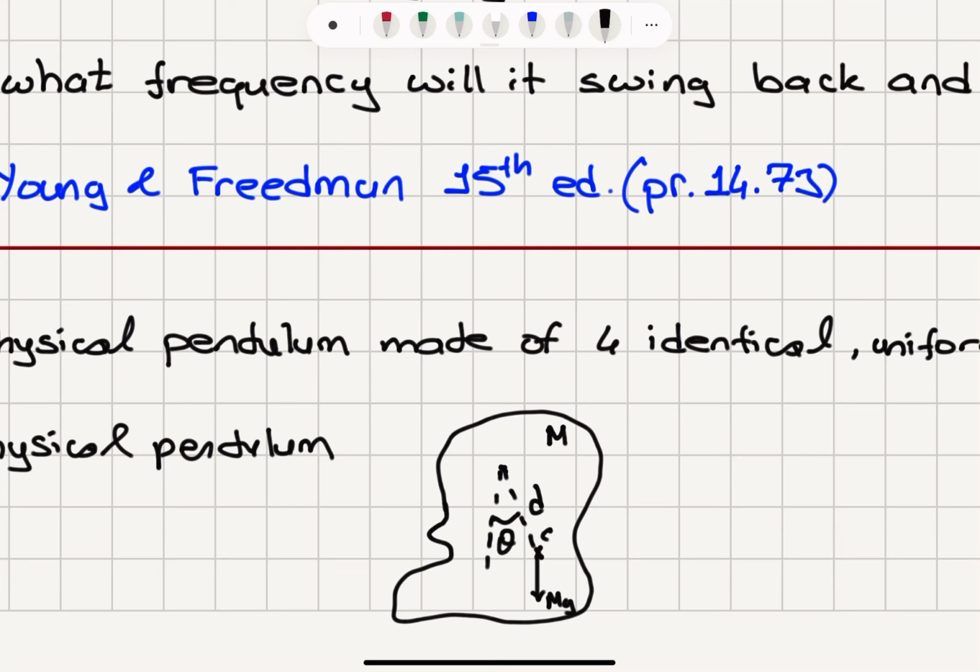So this is our center of mass, and there will be a torque effect due to the weight of the object about an axis that goes through the pivot point.